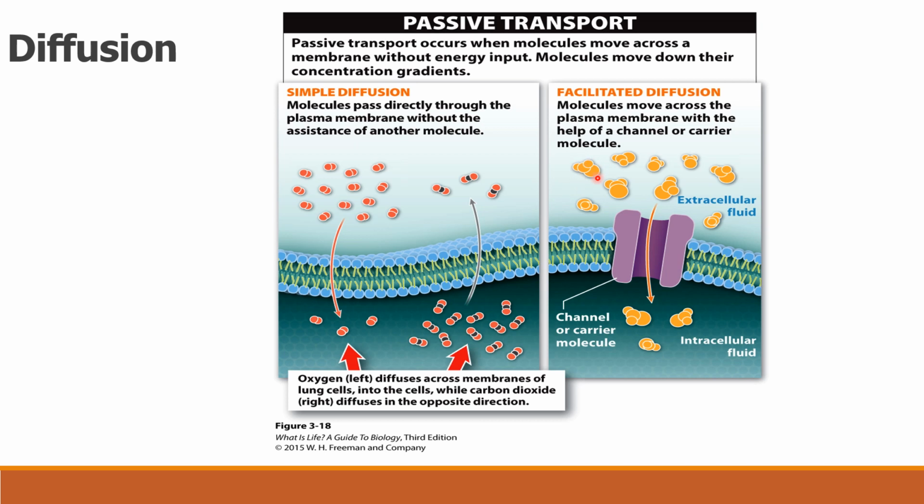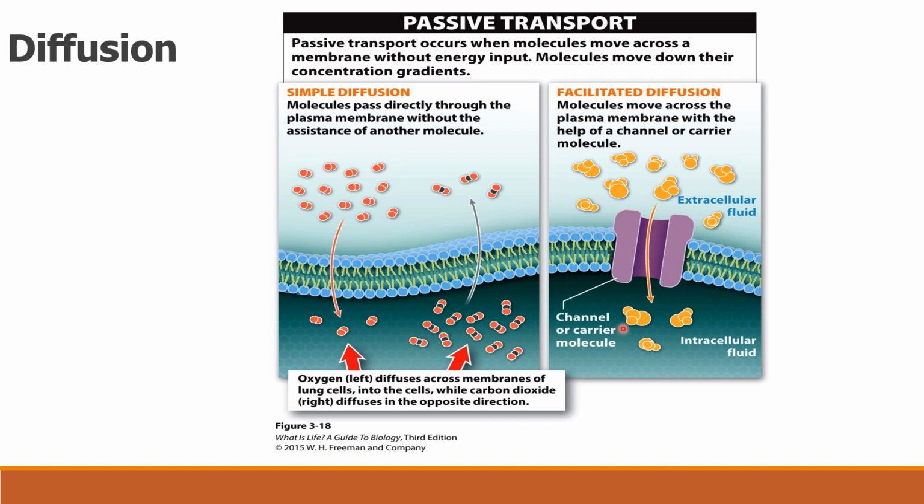The thing is, the larger the molecule, the harder it is for it to pass directly through the plasma membrane. Because it's pretty large, it might get stuck. So those larger molecules would need the help of certain proteins, and those proteins we refer to, for example, as channel proteins. And there are so many different types of channel proteins.